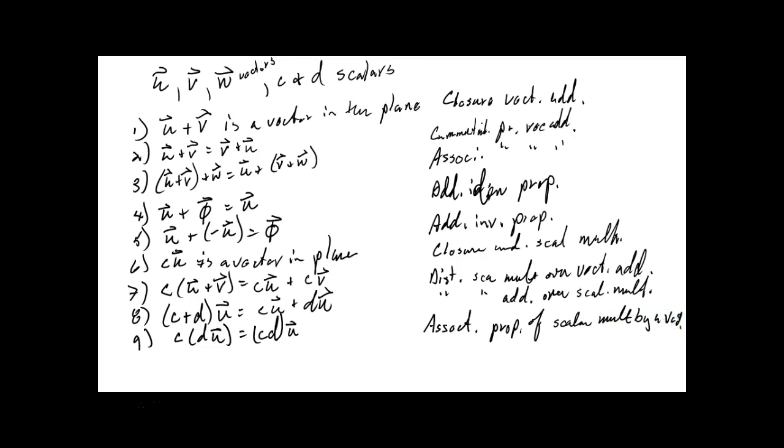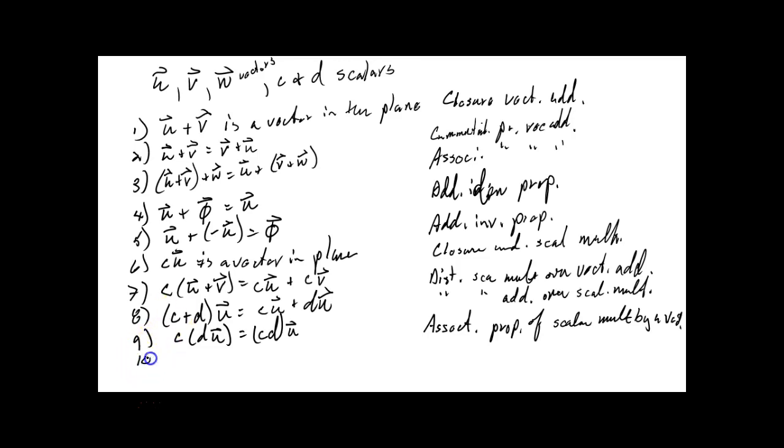So if you have two scalars and one vector, it doesn't matter what order you do. You can do the scalar times a vector. So this is a vector. Scalar times that vector will be a vector. Or you can pull these two together and multiply those two scalars first, and then multiply that result by the vector. You still have a vector. Okay? And they're the same values.